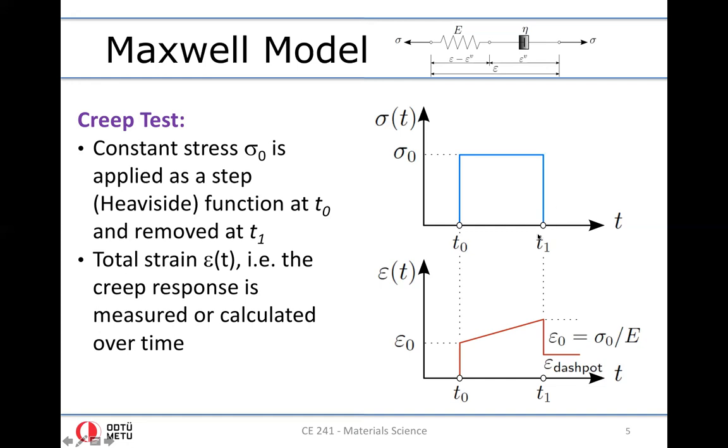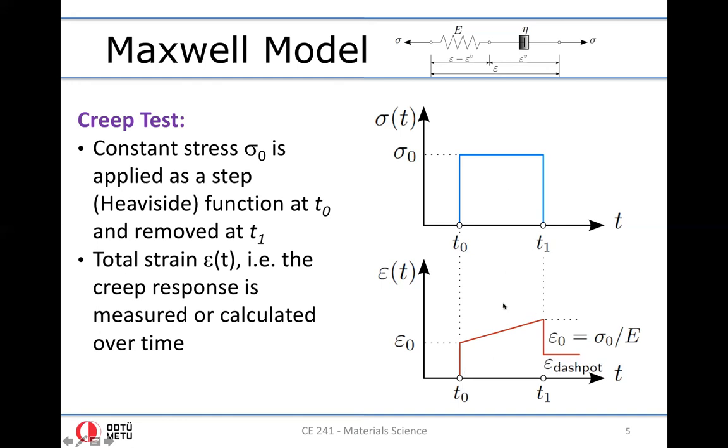When we unload the specimen, the strain that is recovered is equal to sigma 0 over E. That is also the instantaneous elastic response. And since stress is 0, your dashpot remains where it is. So this is the permanent deformation observed in the Maxwell model.